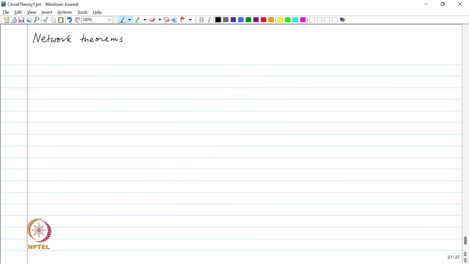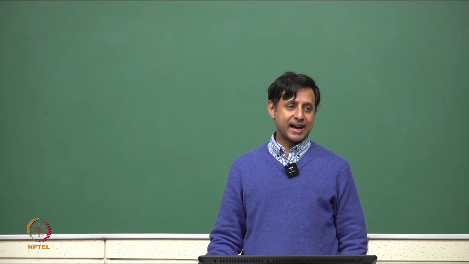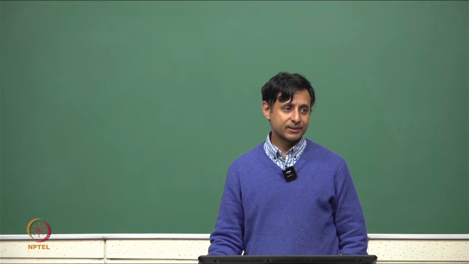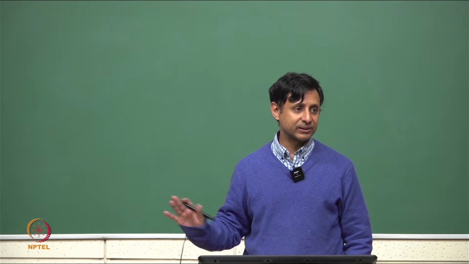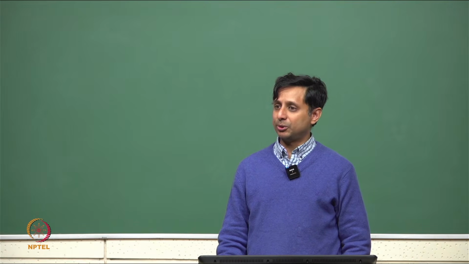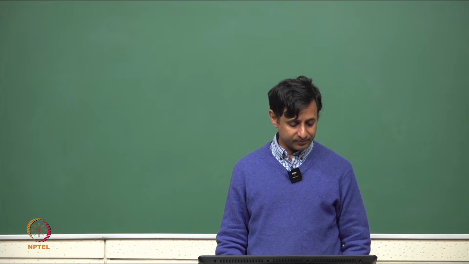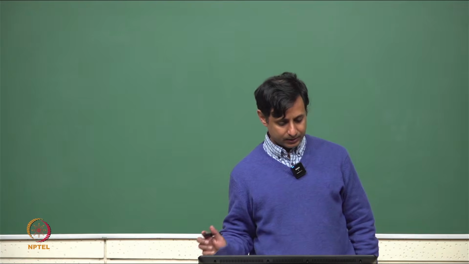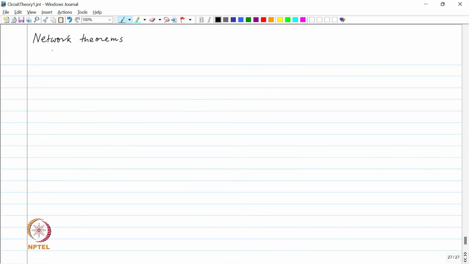Which one? Tellegen's theorem. We have already understood that the dot product of all the voltages and currents, as long as the graph of the circuit is the same, V dot I is equal to 0. That is Tellegen's theorem. So, Tellegen's theorem is already done.